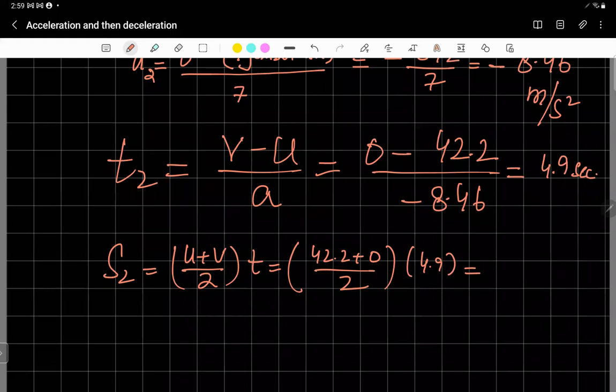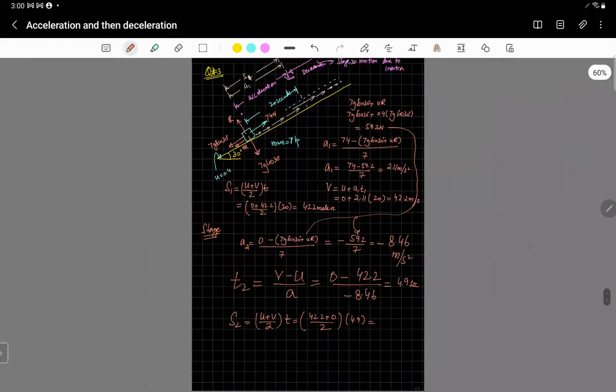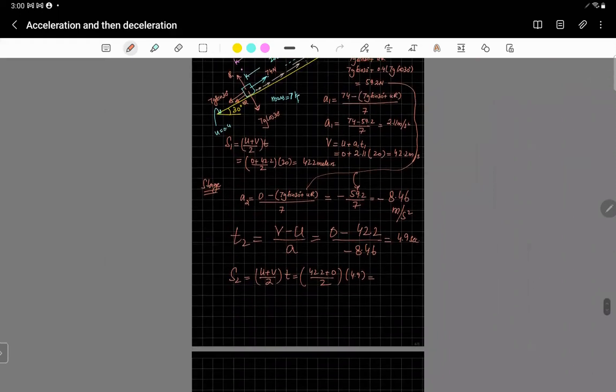Yes. Please do this calculation. 103.4 meters. And you can easily sketch its acceleration time graph, which will be like this.